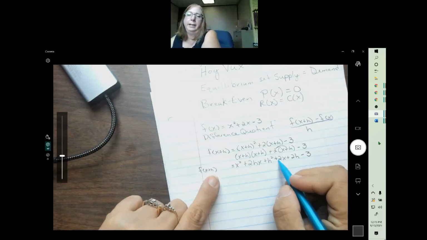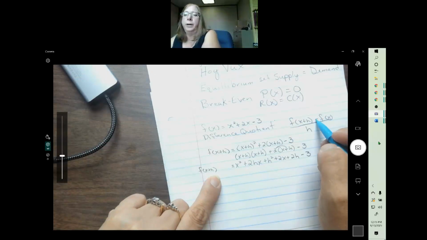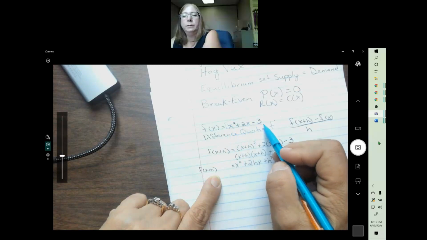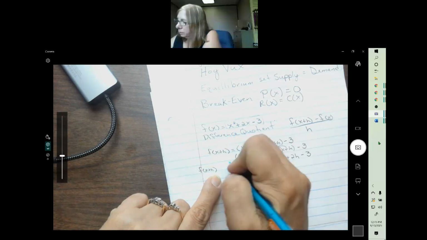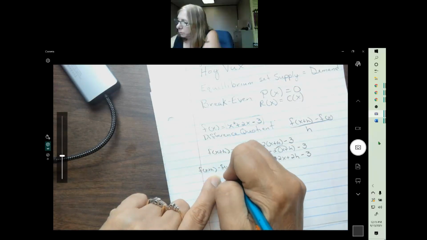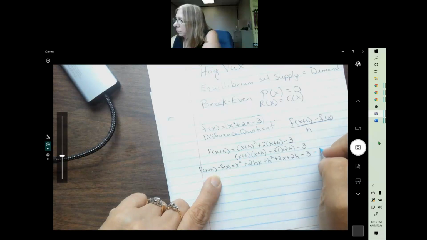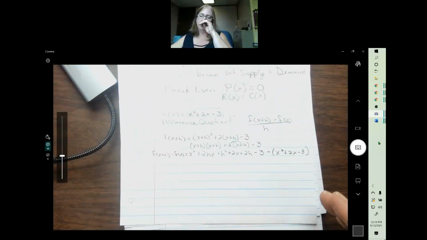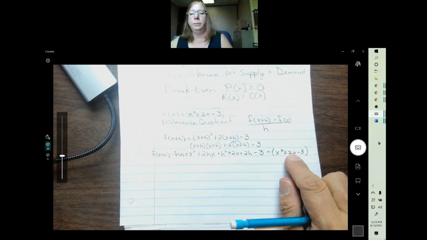Now we want to take that answer and subtract f of x. So this means to subtract the original problem. So we're subtracting the original.